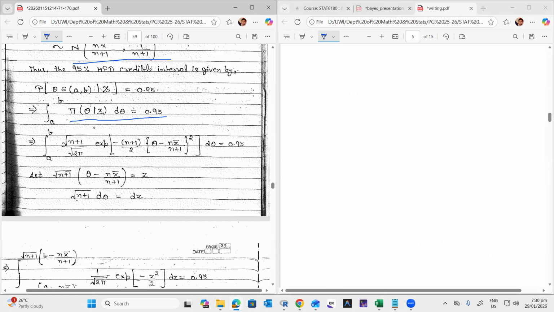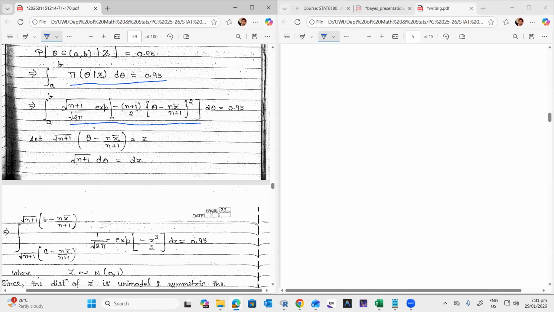So the posterior density is square root of n plus 1 divided by root 2 pi e raised to the power minus (n plus 1) by 2 times (theta minus nx bar divided by n plus 1) whole square, d theta should be equal to 0.95. Here we will consider square root of n plus 1 times (theta minus nx bar divided by n plus 1) equals z.